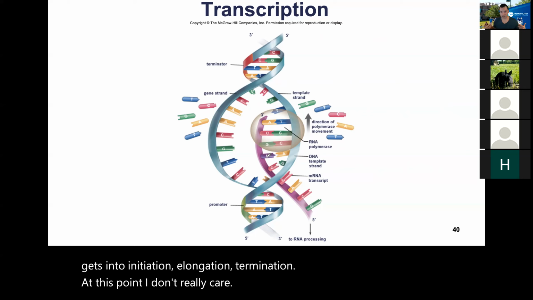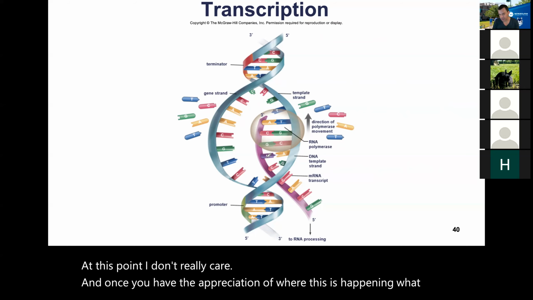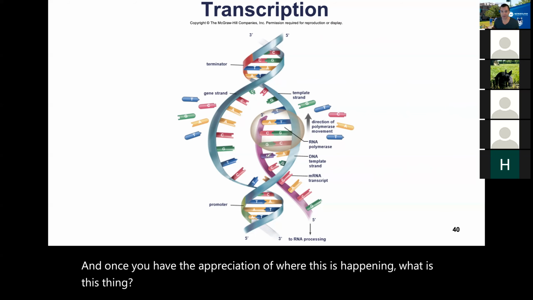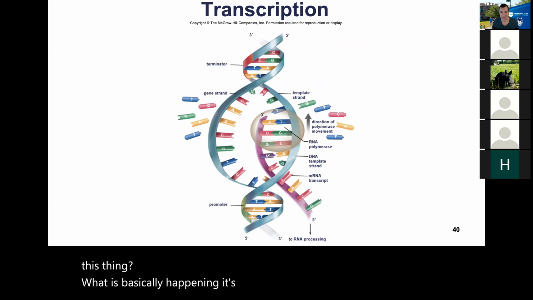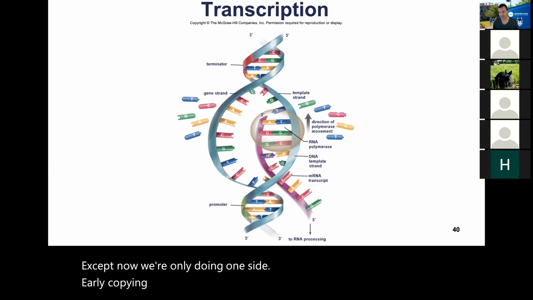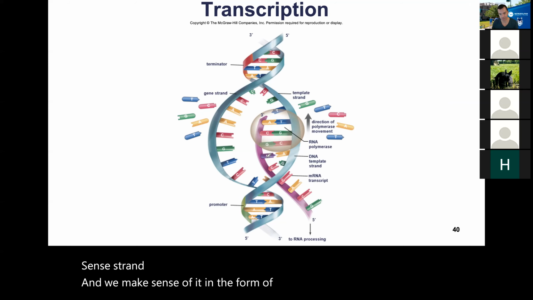I want you to have the appreciation of where this is happening. What is this thing? What is basically happening? It's the same thing we saw with DNA being doubled up, except now we're only doing one side. We're only copying one side. Only one thing is making sense here, the sense strand. And we make sense of it in the form of a messenger RNA transcript.